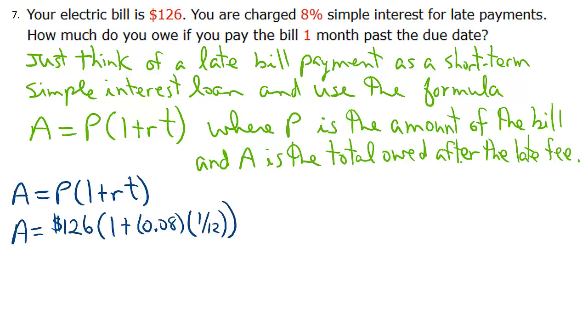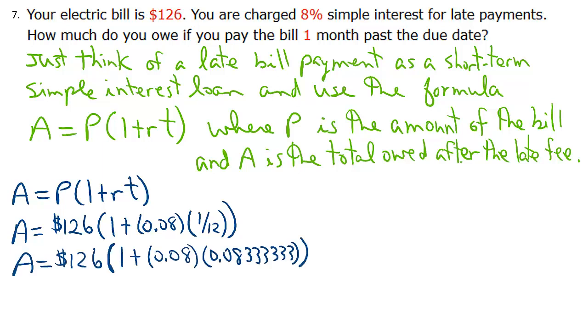If you plug these numbers in, $126 is your bill. The interest rate is 8%, which is 0.08 as a decimal, and you're going to be a month late, so that's 1/12 of a year. If you take 1/12 and write it as a decimal, you get 0.0833333.